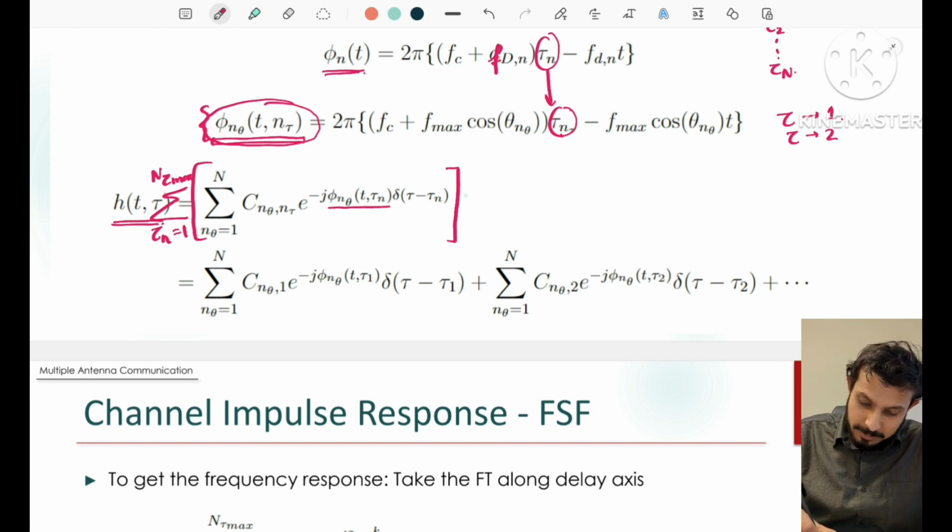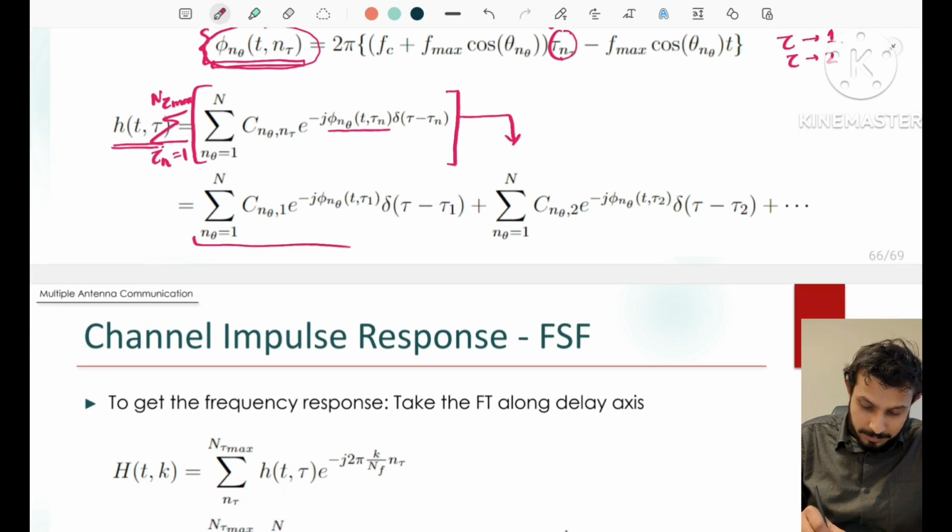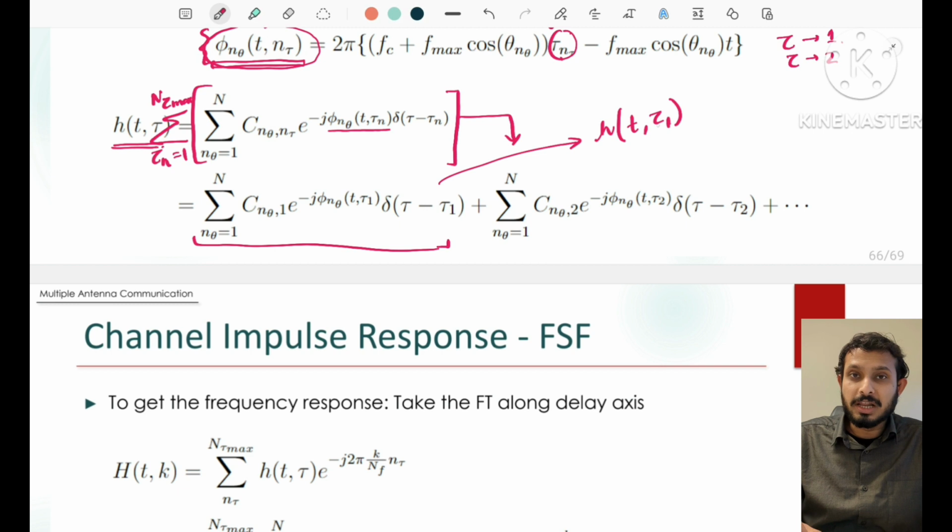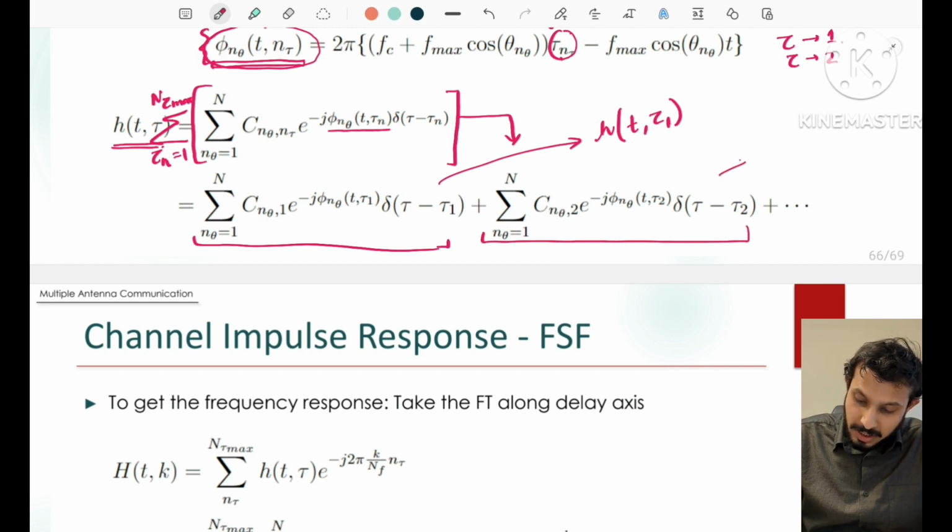When we expand this expression, what we get is this form, which is nothing but the channel impulse response at a time t arriving at a propagation delay tau 1. Then this one is arriving at a propagation delay of tau 2.